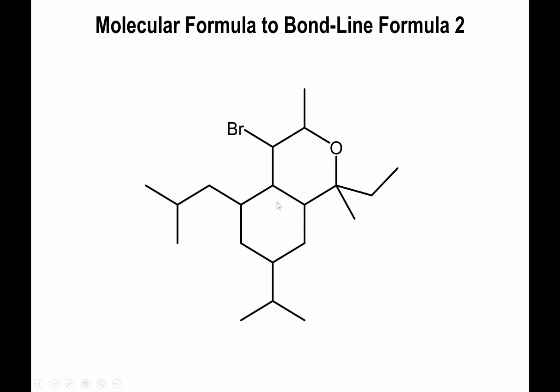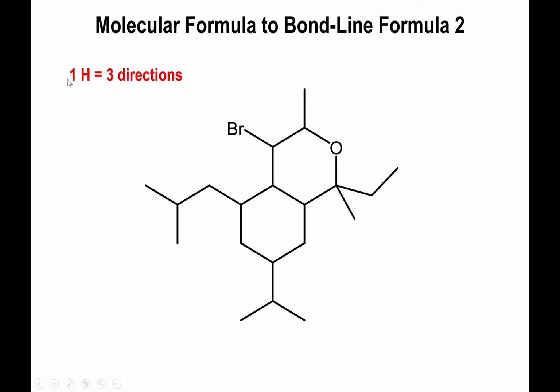Now the only things that are not carbon are literally elements that you have to write out. So anything other than carbon and hydrogen you do need to write out. Like oxygen needs to be explicitly written out, bromine has to be explicitly written out, and any other element other than carbon and hydrogen you do need to write down. But as far as carbon and hydrogen, those 2 elements you can omit from the drawing, just keep the skeletal framework.